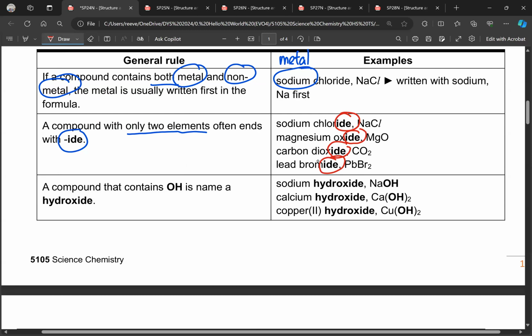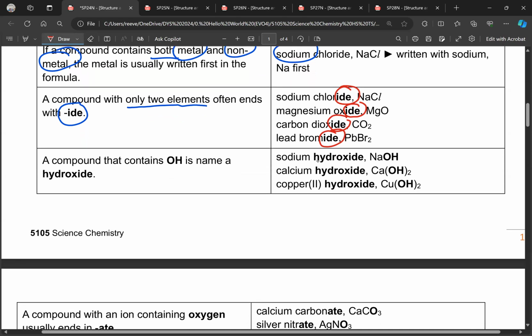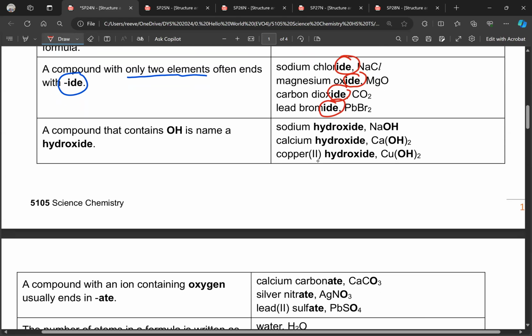The next thing is sometimes we have this thing called OH. What is OH? OH is called hydroxide. So sometimes I combine with a hydroxide, I get sodium hydroxide. So I get NaOH. Every time you see a hydroxide in the name, it means there's an OH.